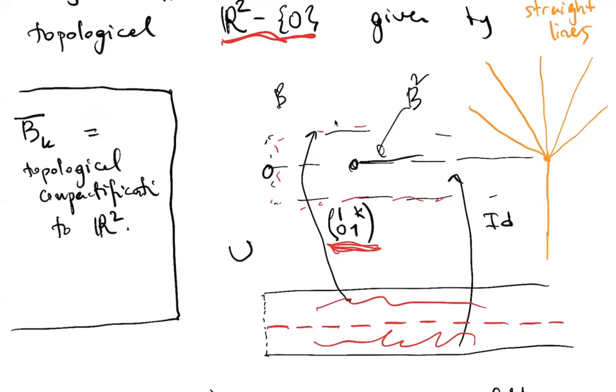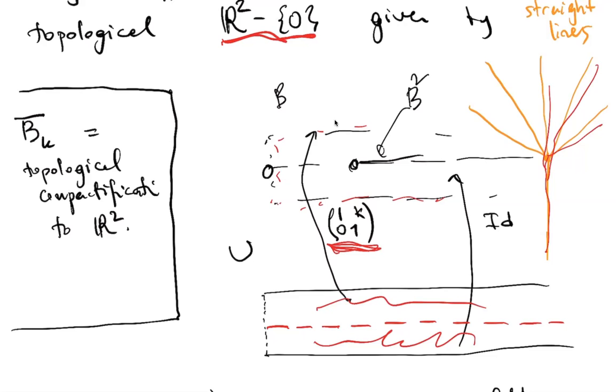And in this integral affine structure, depending on what K is, the straight lines look like this as you cross the cut. The lines that naively look broken are actually not broken in this integral affine structure. They're straight lines.